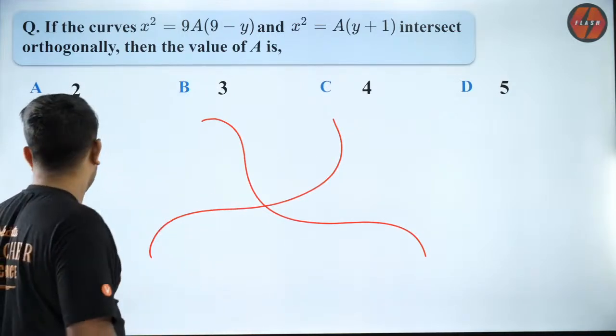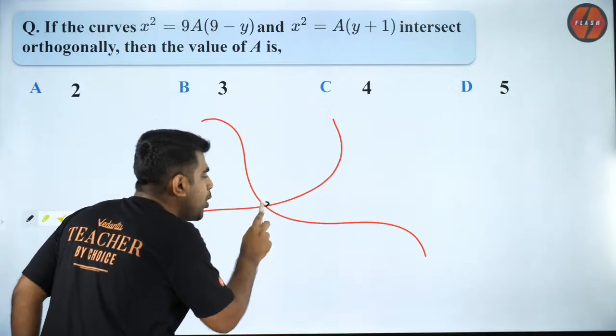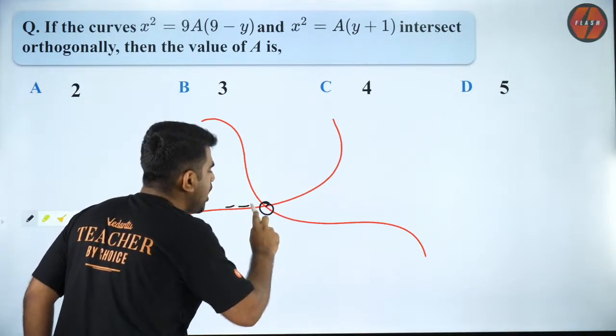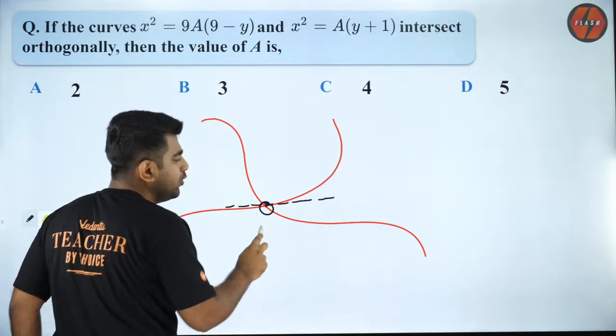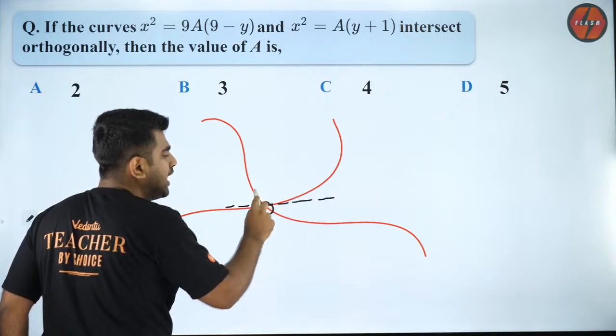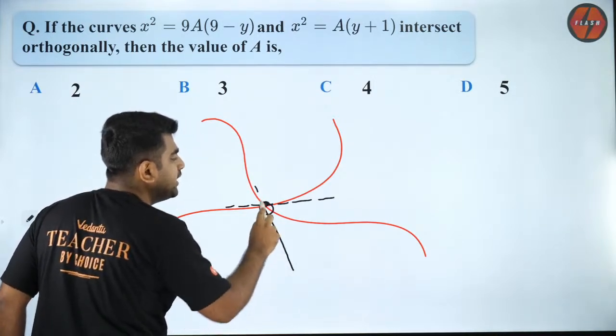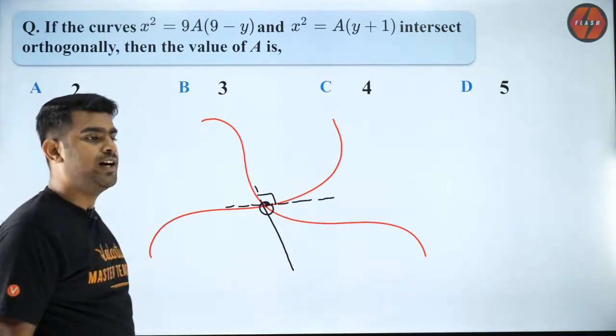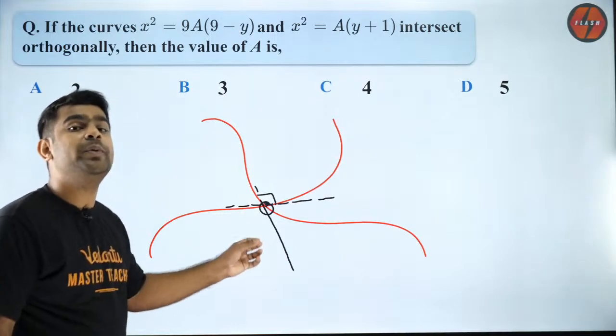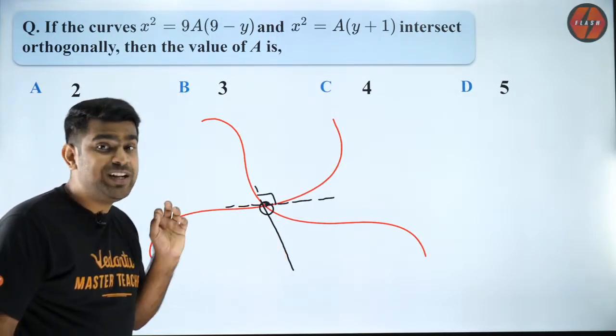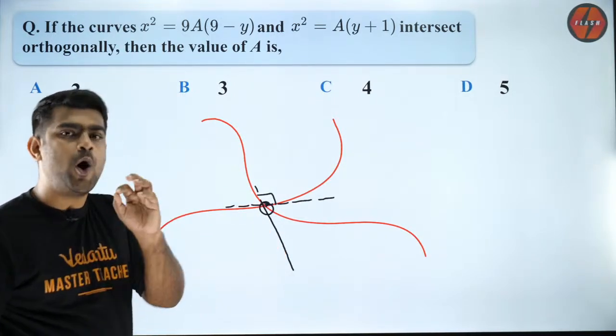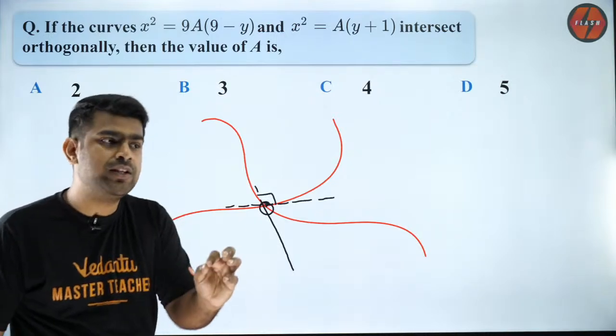It means, listen very carefully, at the point of intersection, if I draw two tangents, one for the first curve and one for the second curve, if these two tangents are perpendicular, then it is said to be orthogonal. So what is orthogonality with respect to curves?